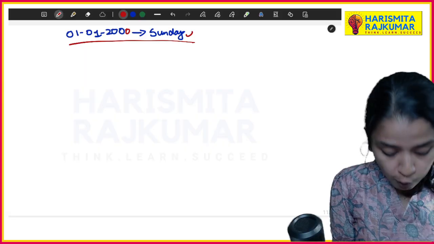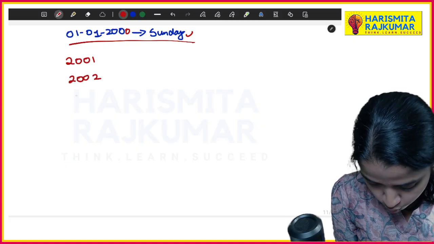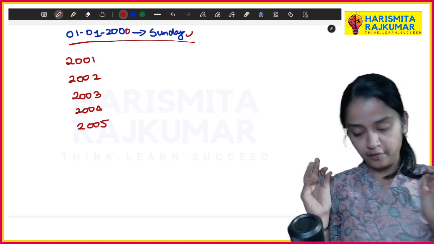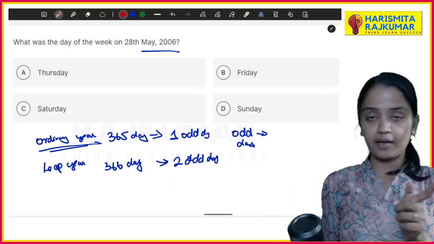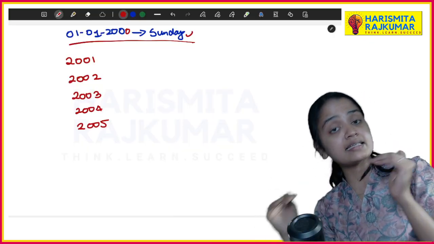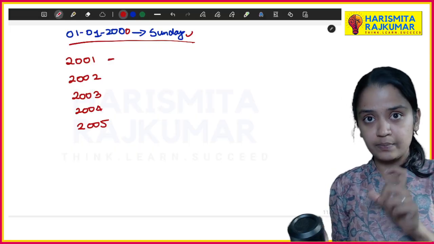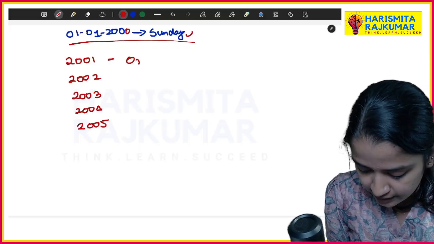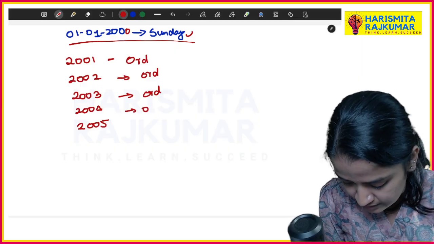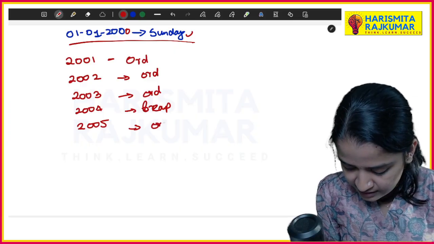Now what we can see here is 2001, 2002, 2003, 2004, 2005 is enough, because when I calculate this, 2005 means till December. 2001 starts from January, till December. So 5 years in total: this is an ordinary year, this is an ordinary year, this is an ordinary year, 2004 is a leap year, then this is again an ordinary year.